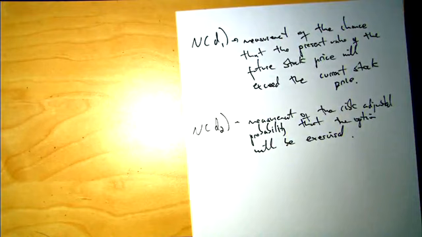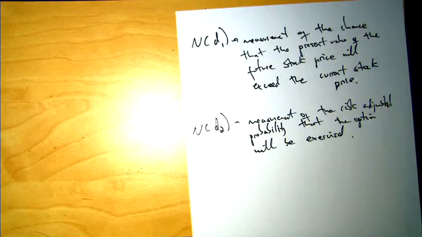Okay, so one gives me an idea of how likely it is that prices will go up, but the second one gives me the probability the option will actually be exercised. So in other words, if it's a call option, that the prices have gone up enough to actually be above the exercise price. So N of D2 is the probability that prices are above the exercise price. Okay, the option gets exercised.